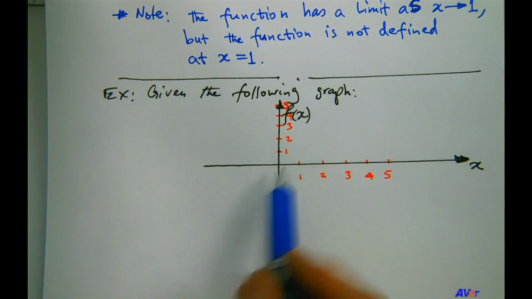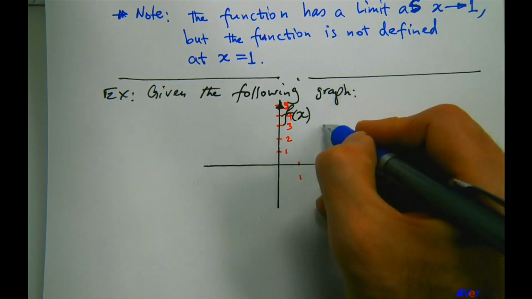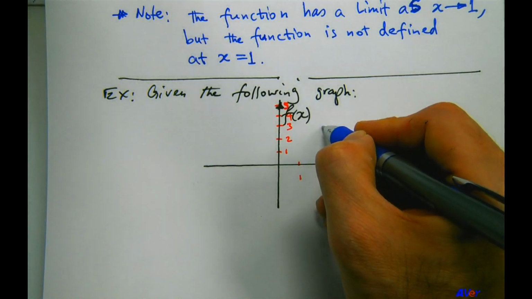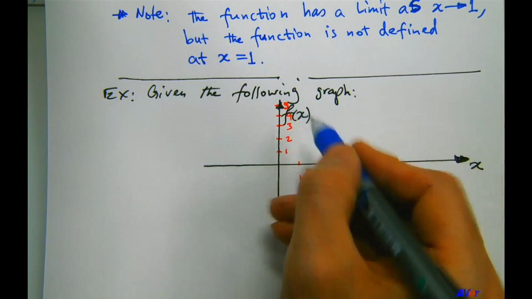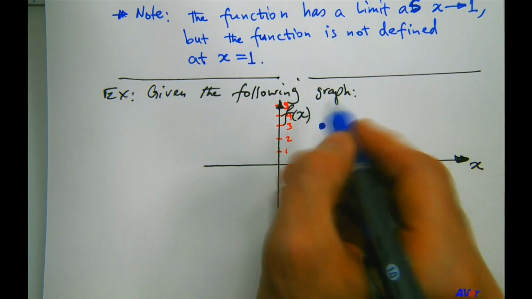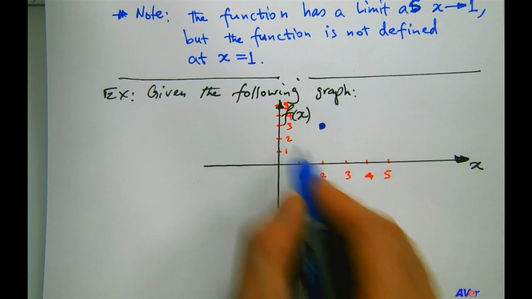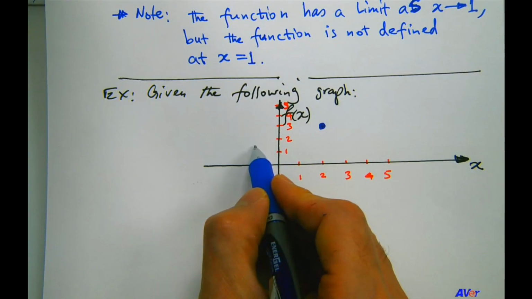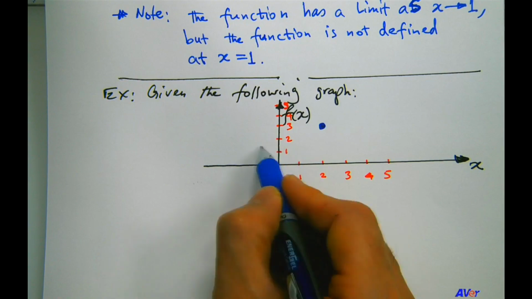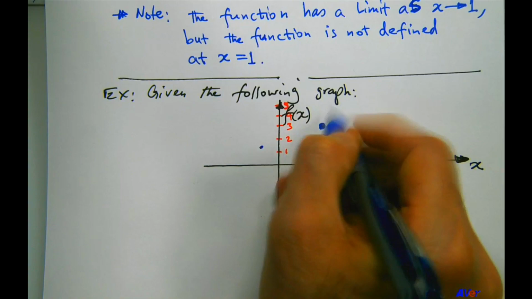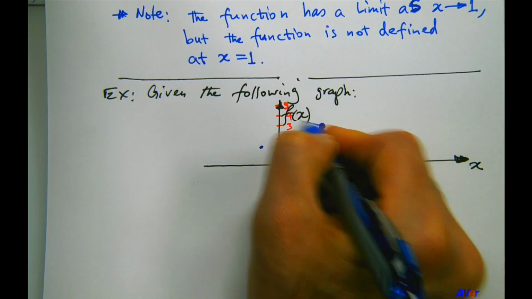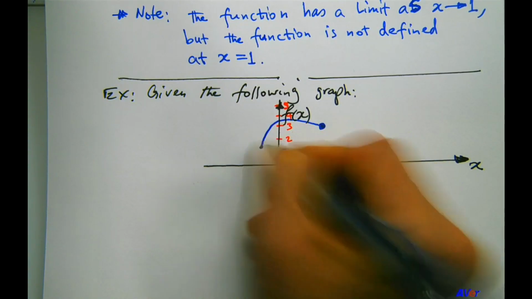So we have right over 3 and 2, we have a point there, and then we have right here some point, and this line goes like that and comes back to that.